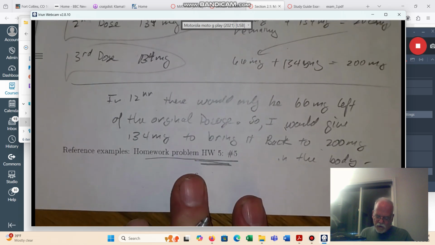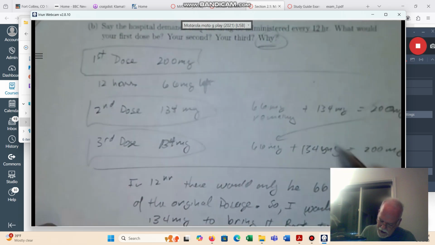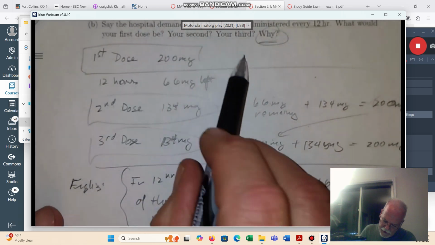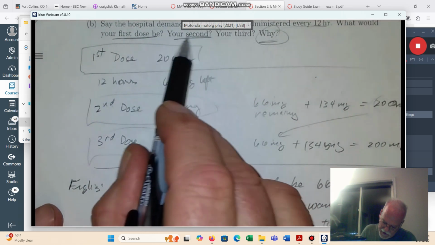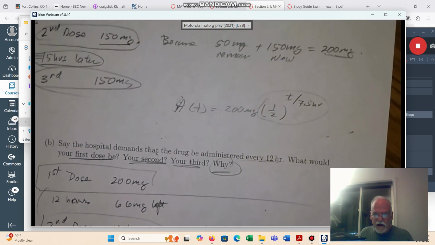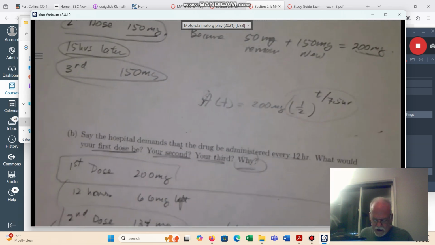So try to give a sentence answer for the why; I did 2 sentences. I needed to answer the first dose, second dose, and third dose, and you can double check your formula right here.